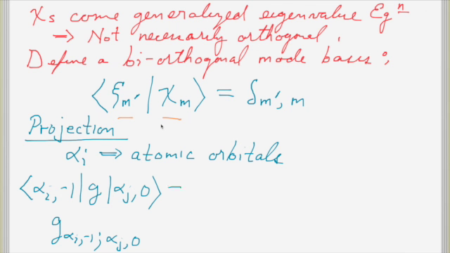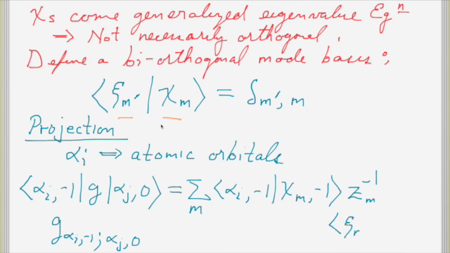And that's equal to the sum over my modes, alpha I at -1, chi m at -1, Zm inverse, times Zm, comma 0, G, and then alpha J 0.